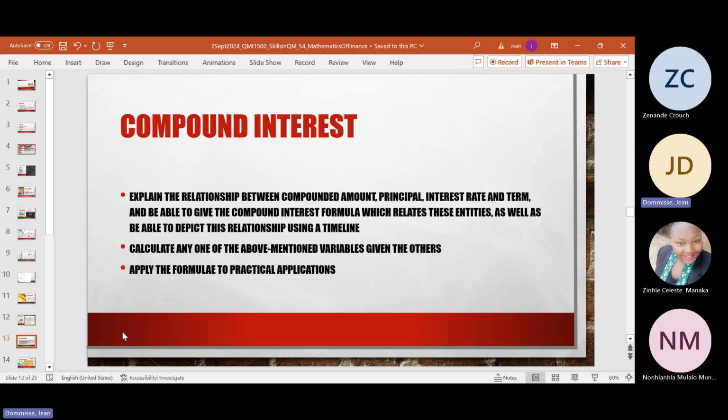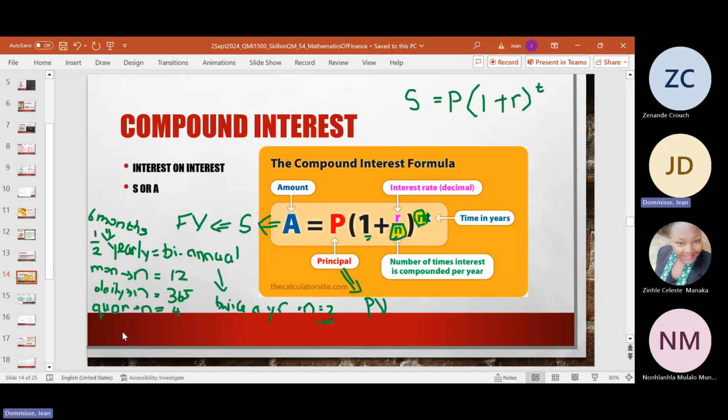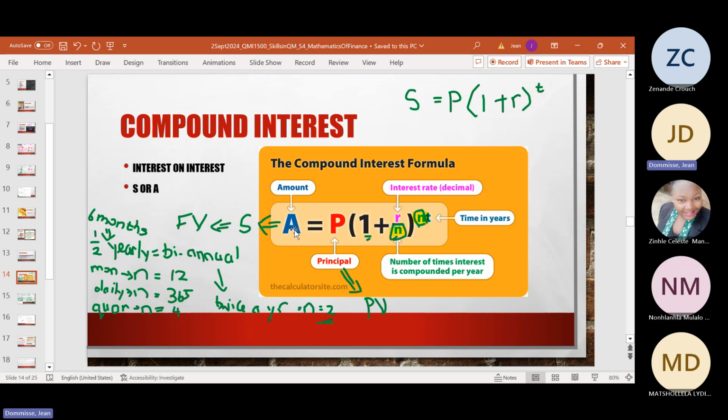Then we went into a bit of compound interest, where we looked at interest on interest. So when we looked at the definition again last week, we saw again some things might be different in different examples or different books. So your amount can also be S, your future value. Your principal can also be your principal or present value.